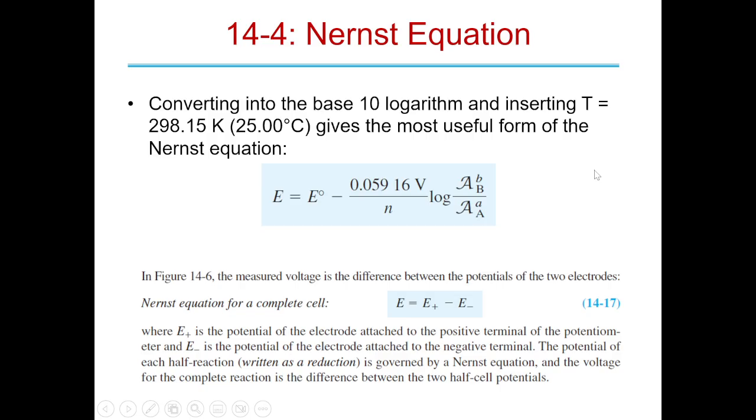So converting into the base 10 logarithm and inserting T would give you this right here. This is your simplified Nernst equation, which is typically the most useful because you're typically at room temperature and you don't really want to use natural log most of the time. Most people prefer log base 10 because you can do things like pH, that sort of stuff. And so this is the form right here.